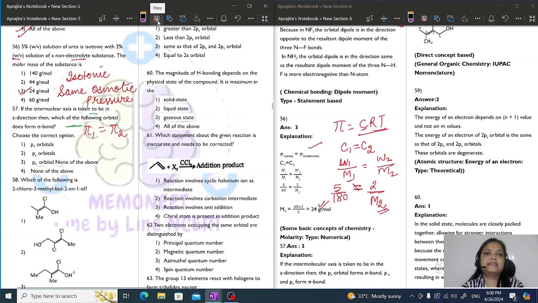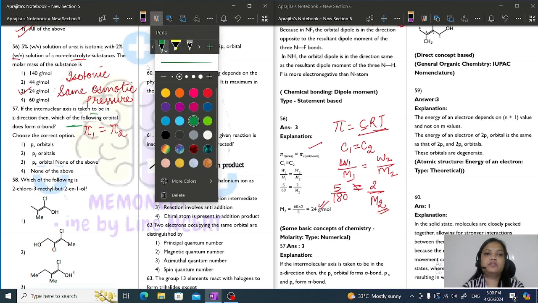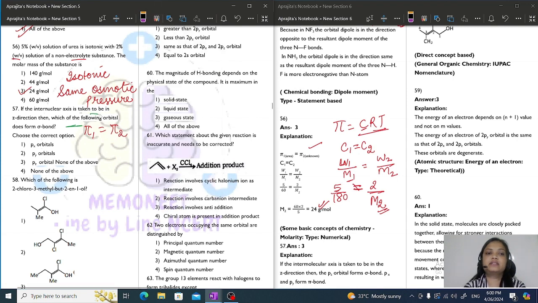So students, next up is question number 57. If the internuclear axis is taken to be the z direction, which of the following orbitals forms a sigma bond? If the internuclear axis is in the z direction, of course the pz orbital will form a sigma bond by head on overlap.